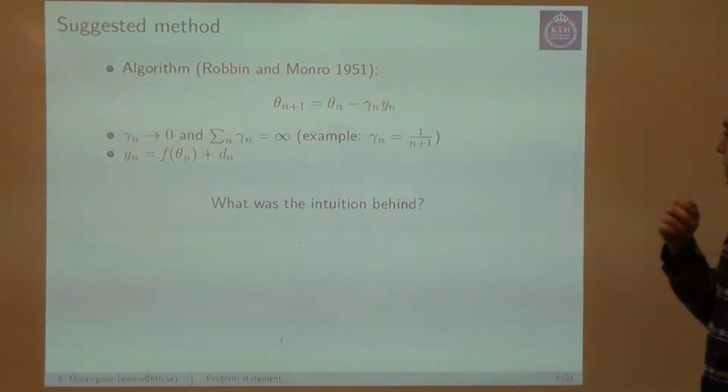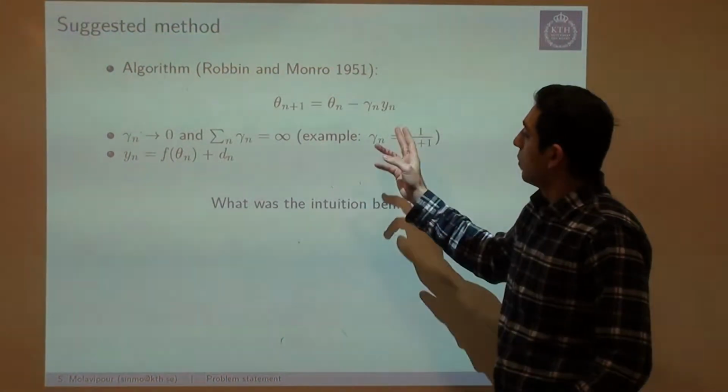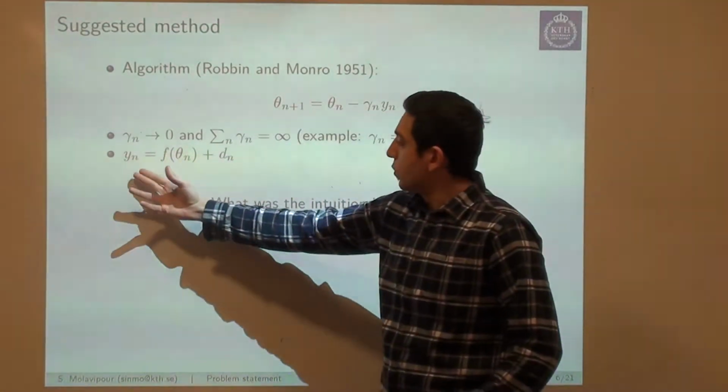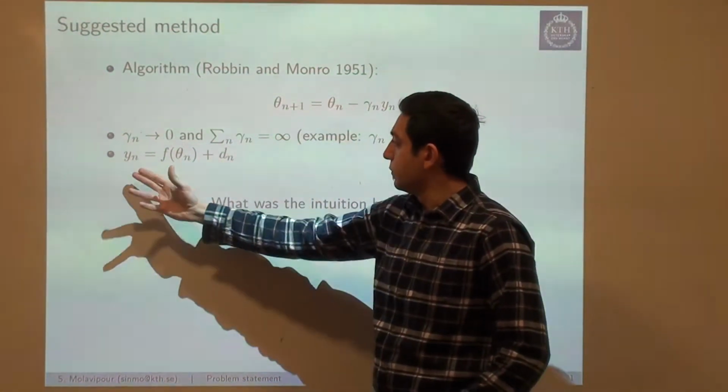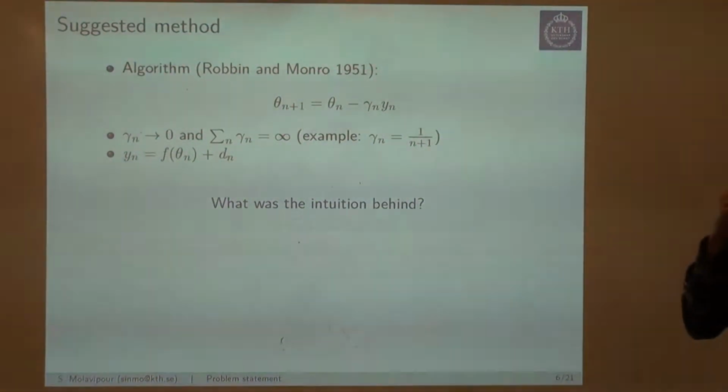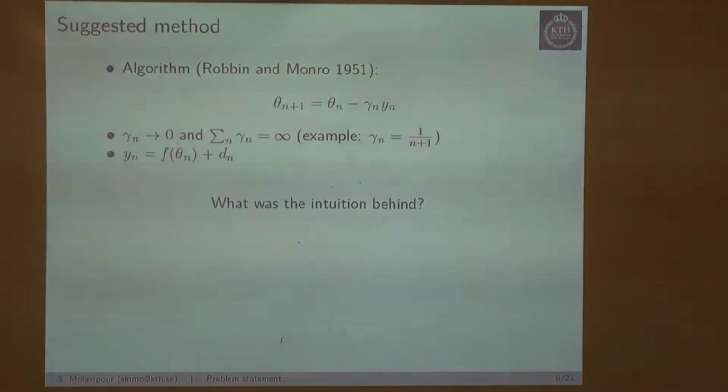And also the yn is, in our scenario, a noisy version of f of theta, with the noise at step n assumed to be zero mean and IID.